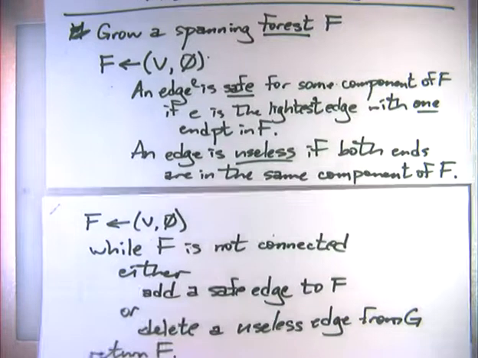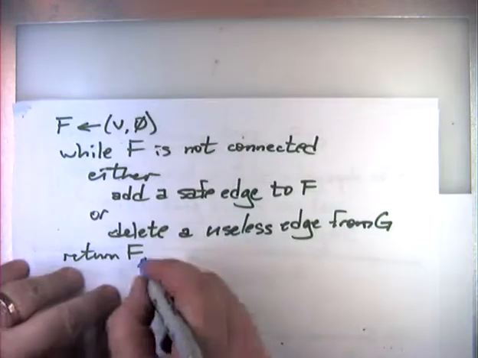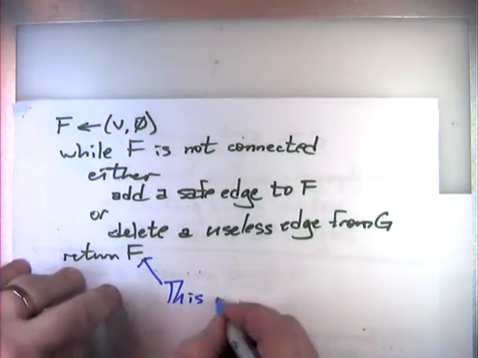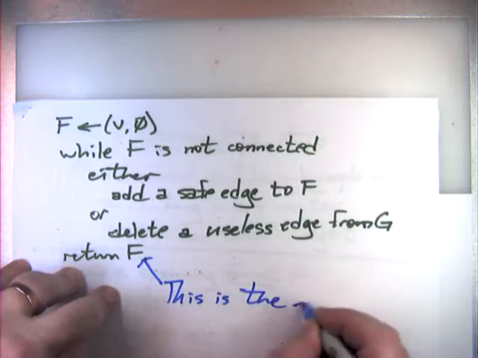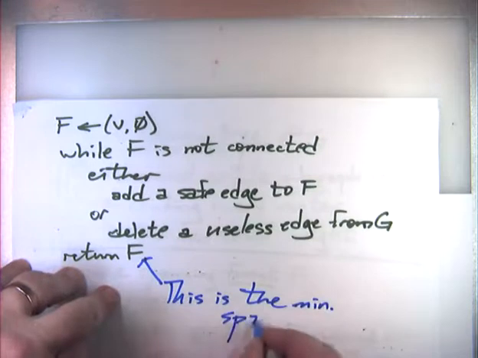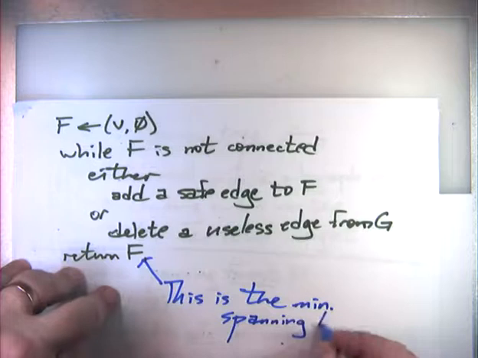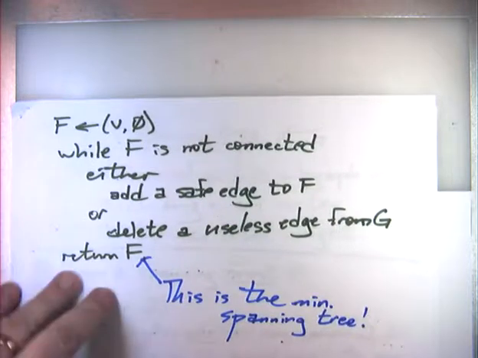So how do I actually prove that in the end, this is the minimum spanning tree? Okay, so I'm going to essentially do this by induction.